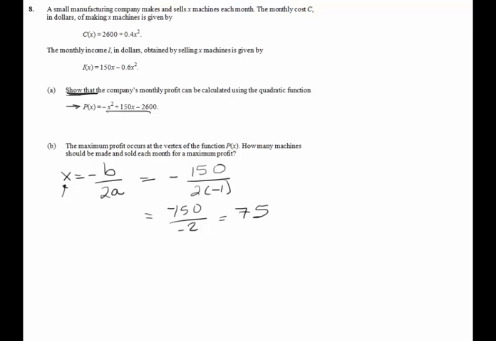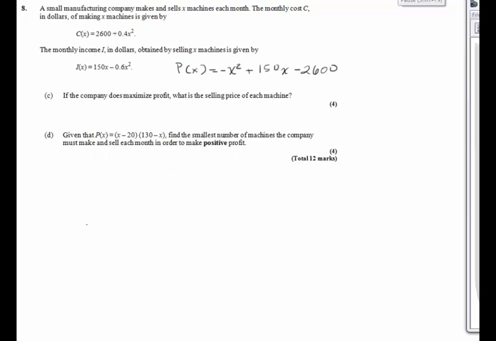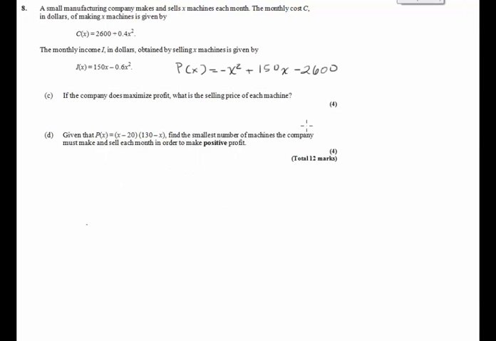Now let's look at C and D. Now to answer questions C and D. It says if the company wants to maximize its profit, what is the selling price of each machine? And so we know that the maximized profit is when we sold 75 machines. And so how are we going to get that maximum profit? I have to go back to the income.